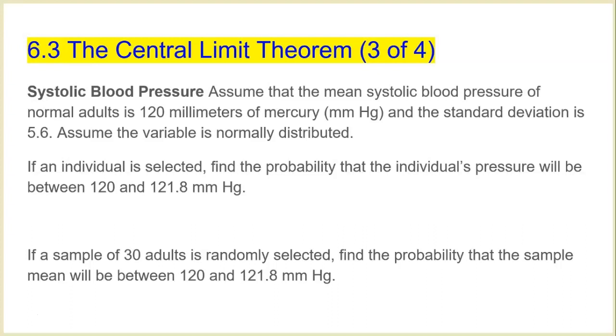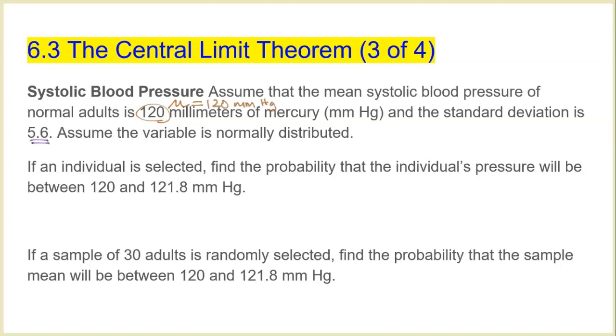So in that respect, we don't really have to worry about sample size too much, but we'll still talk about that. If an individual, and so here's the difference, if an individual is selected, so if one person is selected, find the probability that the individual's pressure will be between 120 and 121.8 millimeters of mercury. So we look at this, and first, we know that our population mean is 120.